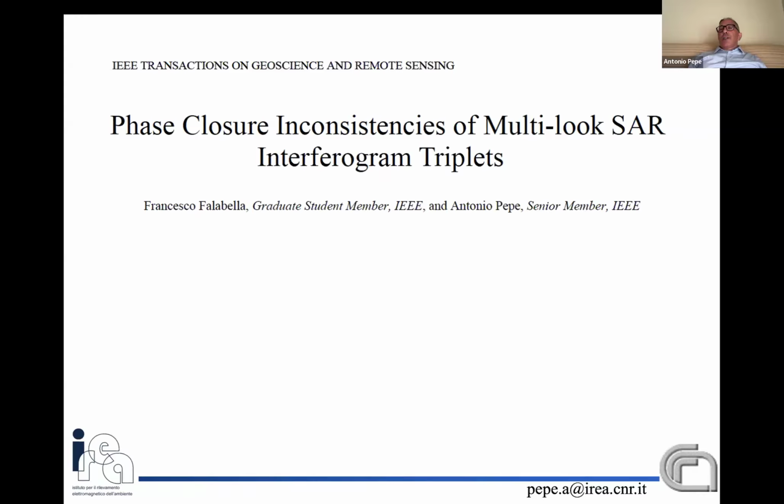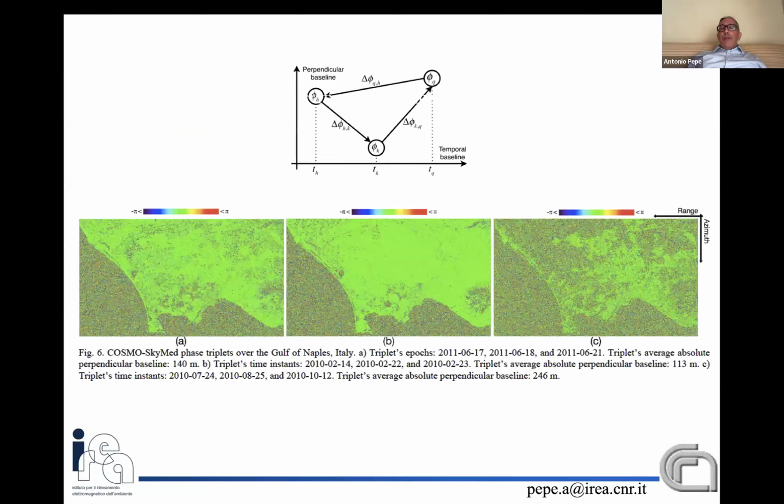Many scholars, and we have also done something, have discovered that using very small baseline interferograms can introduce additional problems, because a part of the signal can be interpreted as deformation, but it's not deformation. It could be related to other kinds of noise sources, and this is another very open topic that many scholars are working on.